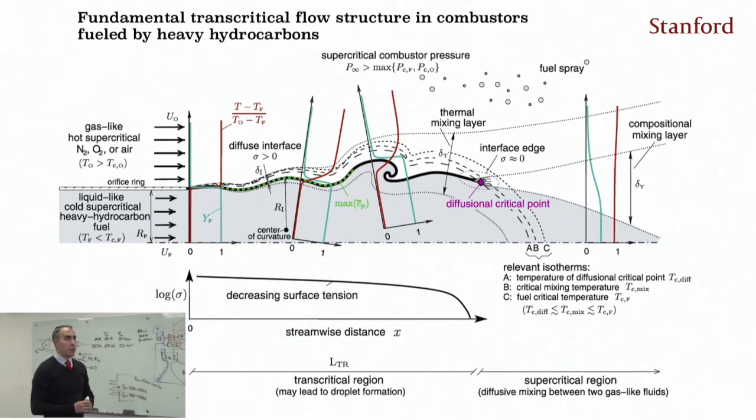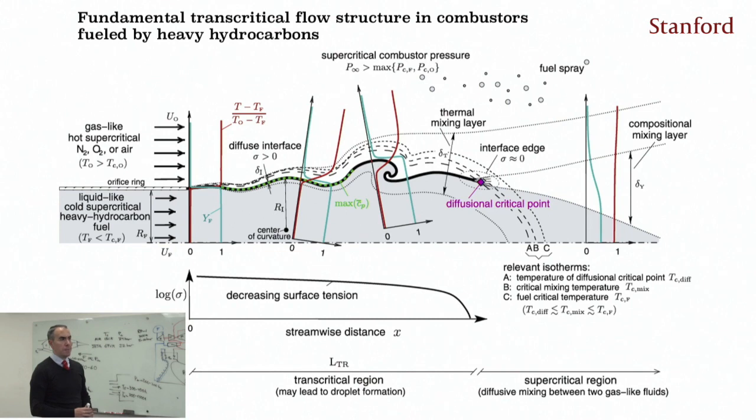Because if the critical temperature is high, then it is going to take some distance to heat up the fuel stream to its critical temperature and make the interface vanish. That's the first point: transcritical conditions are exacerbated when a heavy hydrocarbon fuel is being used. The second thing to take into account is that even if the critical temperature is high for heavy hydrocarbon fuels, that does not imply that there is going to be an interface by itself.